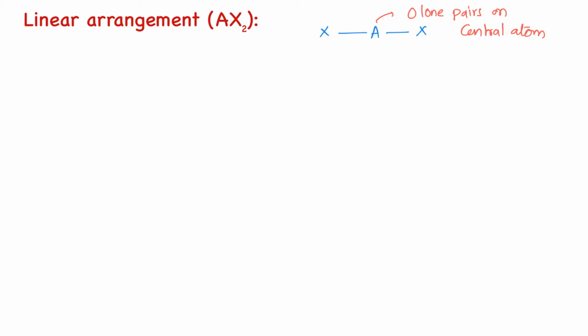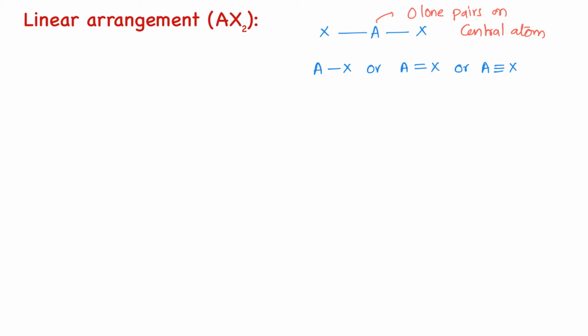Since all types of bonds, that is single, double and triple bond, are treated as one valence shell electron pair, no matter how the terminal atoms are connected to the central atom, they are always counted as one valence shell electron pair.